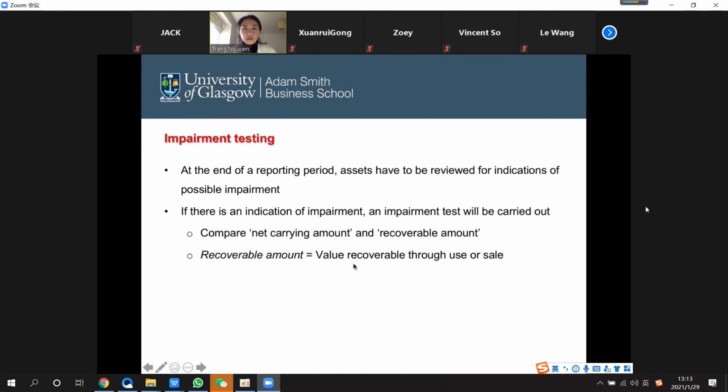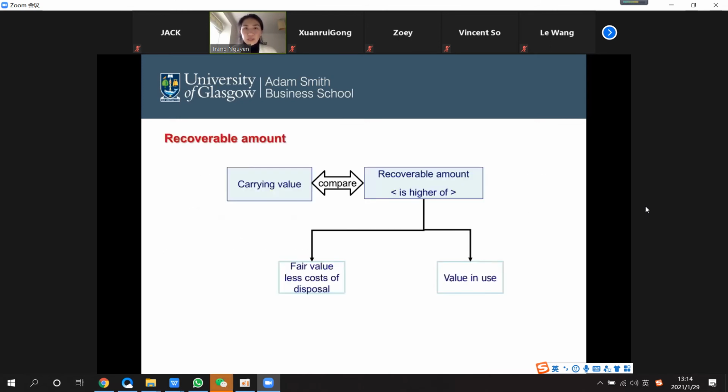So in short, at the end of the period, assets need to be reviewed for indications of possible impairment. How can we know that? For inventory, we compare with the beginning and see what happened. We look at the carrying value and the recoverable amount. Carrying value is what we think the value is at the moment.